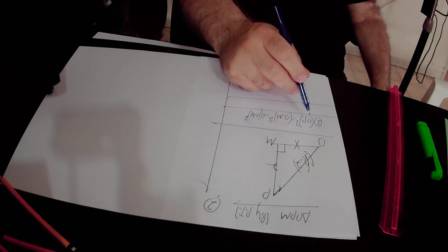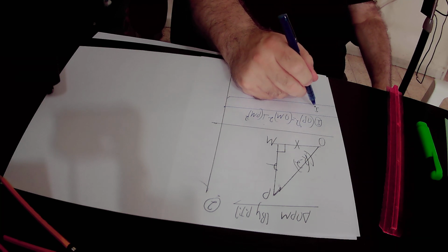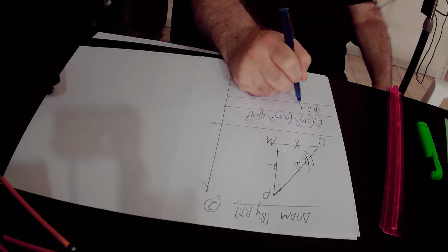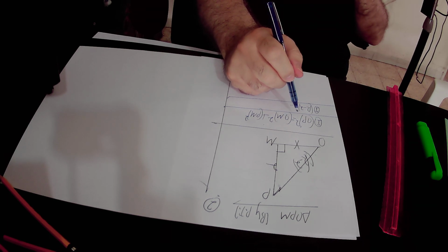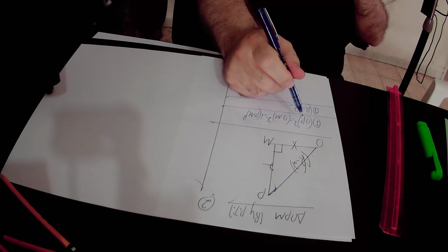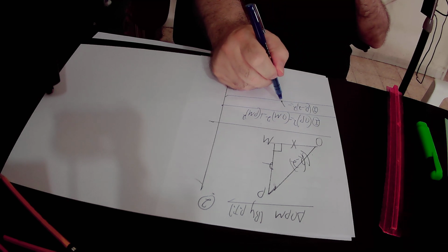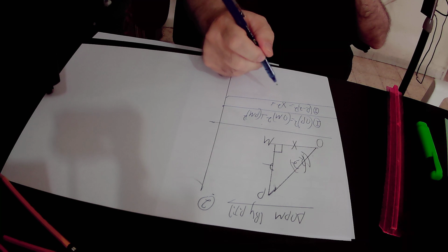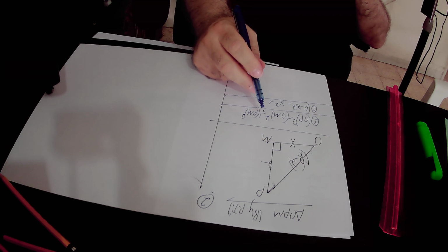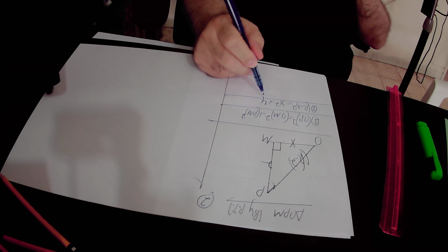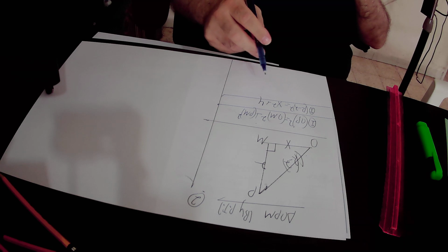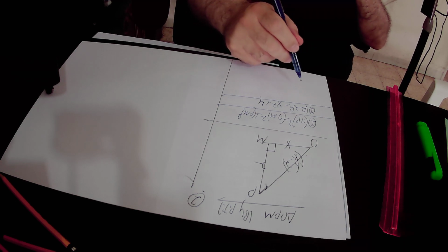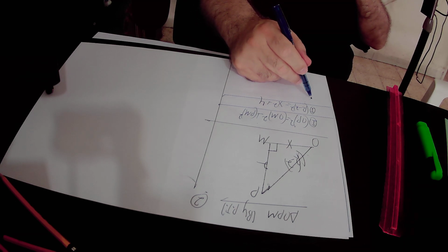OP equals capital R minus 2, therefore OP squared equals (R minus 2) squared. OM equals X, so OM squared equals X squared, plus PM squared. PM equals 2, so PM squared equals 4. So in conclusion, (R minus 2) squared equals X squared plus 4. Here we open the brackets on this side of equation number 1.